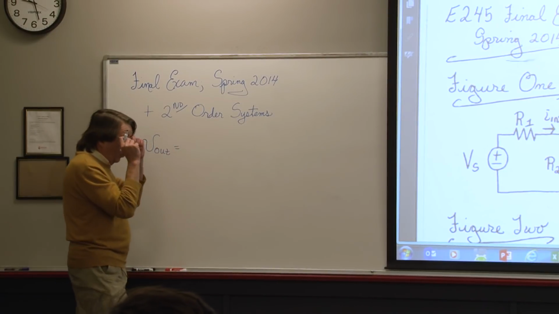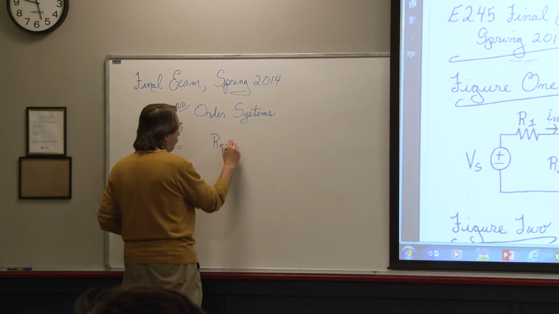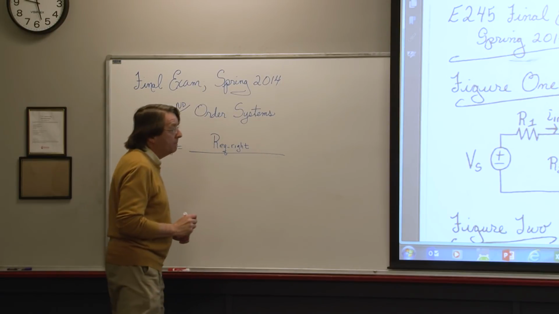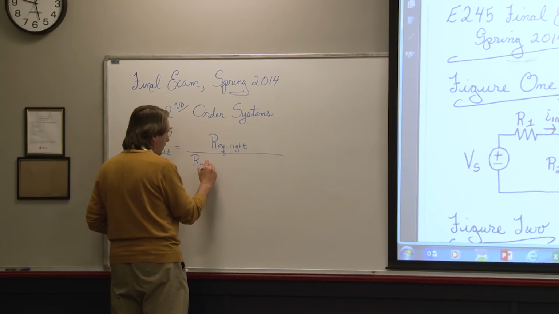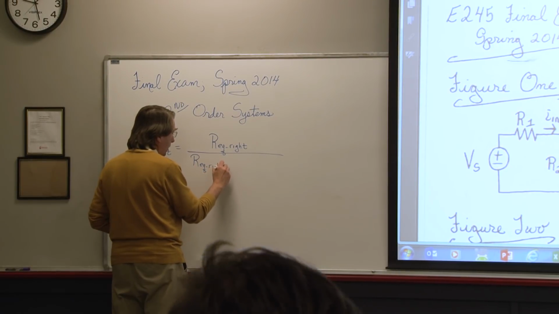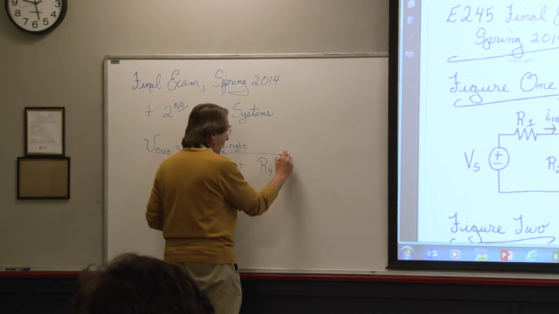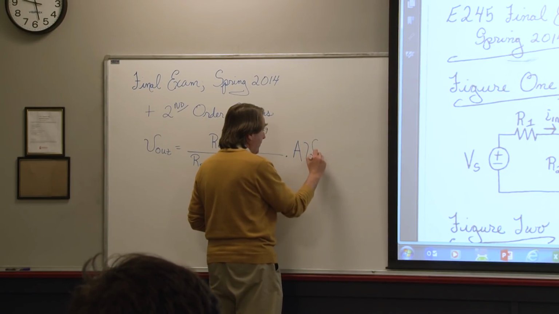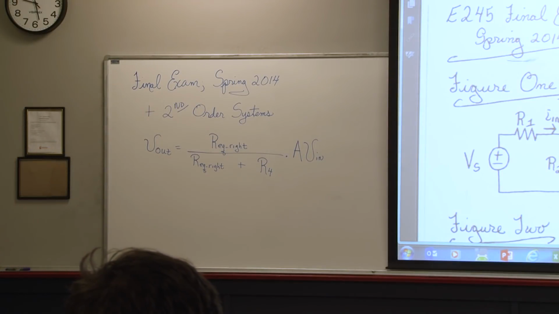So V out will equal Req right divided by Req right plus R4, and this is all going to be multiplied by A V in. So what I have now is an expression for V out over V in.